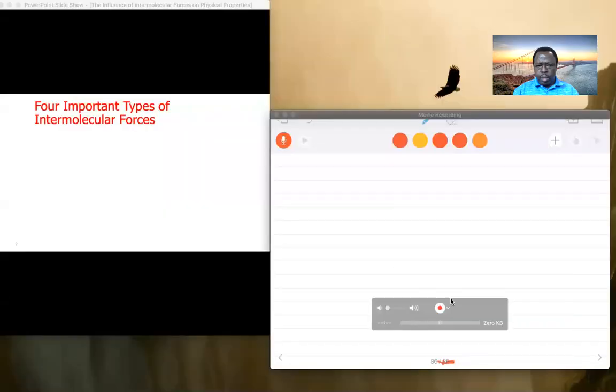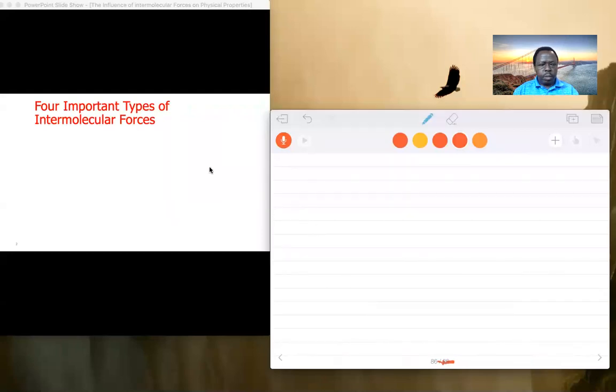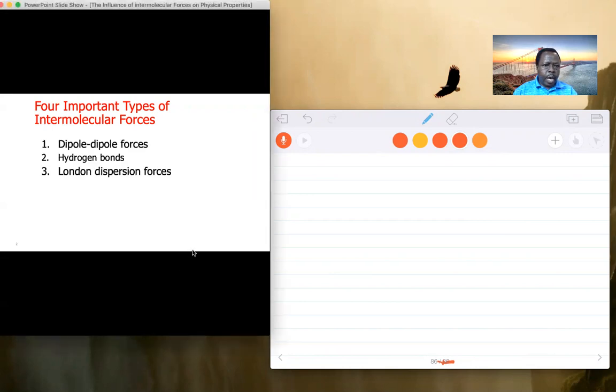The 4 types of intermolecular forces are London dispersion forces, hydrogen bonding, dipole-dipole, and ion-dipole. These are the 4 types of intermolecular forces.